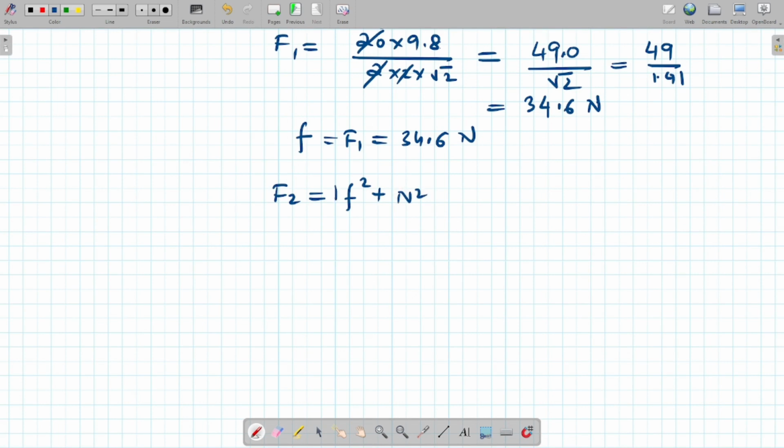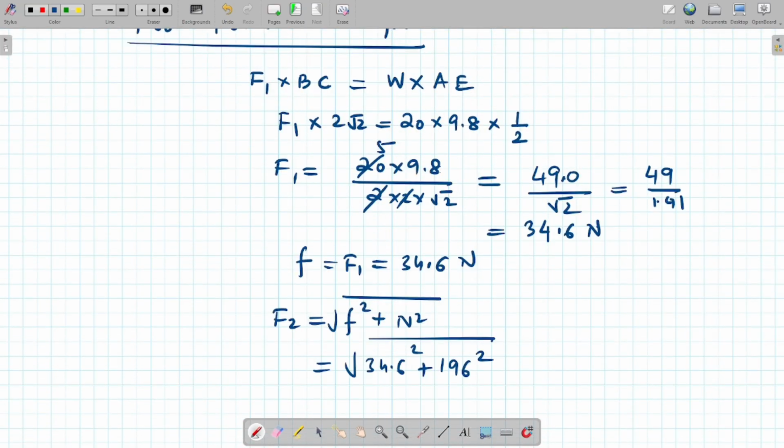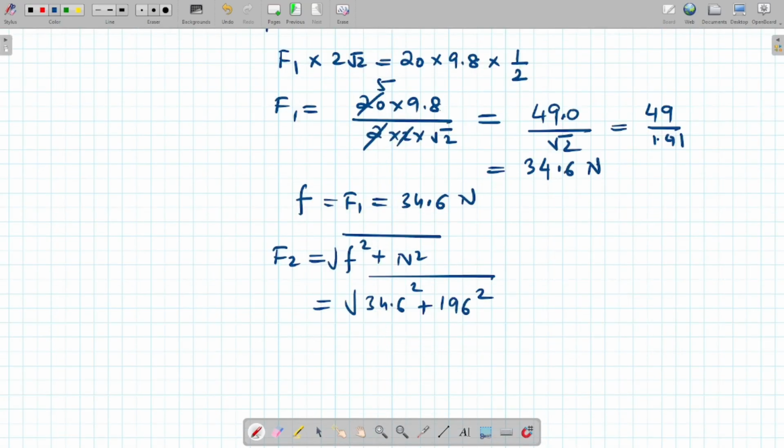So what's the value? So value is 34.6 whole square, and N was how much? 196, right? Square. Okay, and then this. Clear? कोई गलती है? N कितना था? 20 kg था ना, तो न्यूटन में कन्वर्ट करोगे तो 9.8 से मल्टीप्लाई करोगे ना, तो कितना आएगा? ठीक है, ओके. सो F2 की वैल्यू आ गई हमारी.